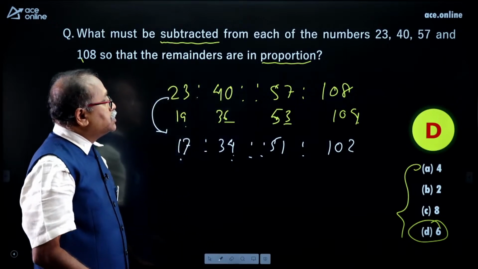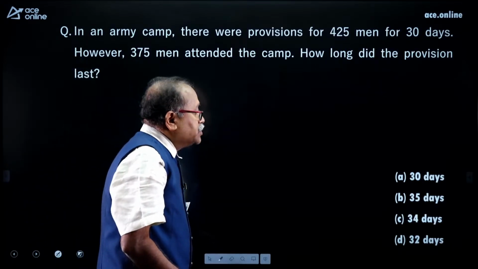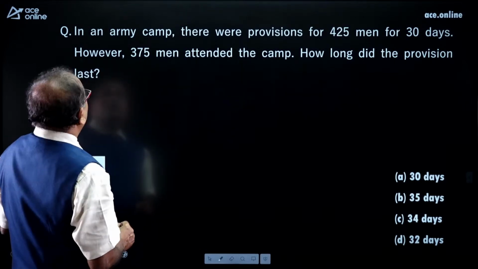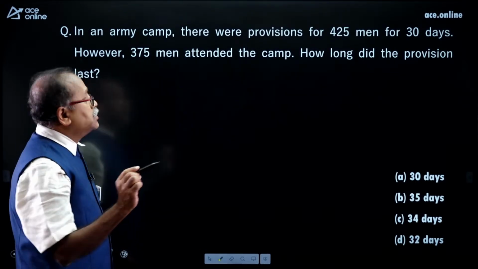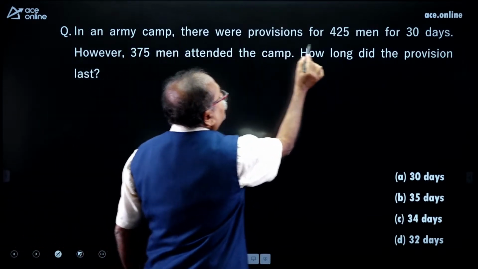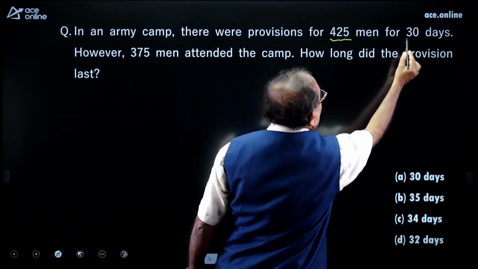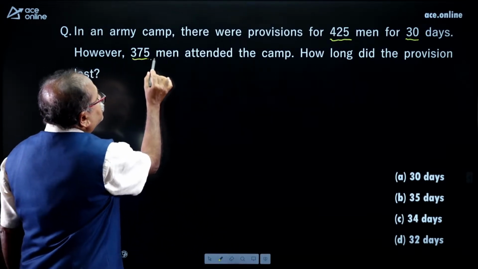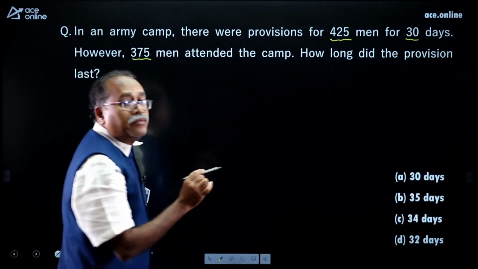Moving on to the next question. This is your next question on the board. Let me read it, then I will give 30 seconds to you. In an army camp, there is a provision for 425 people for 30 days. However, only 375 men attended the camp.